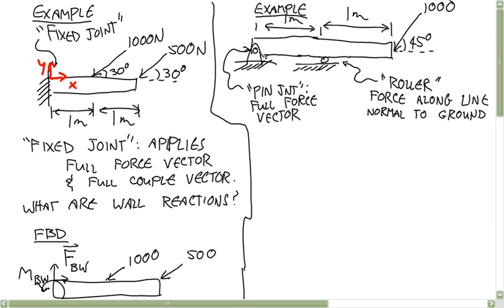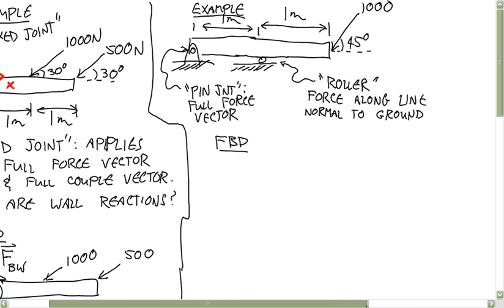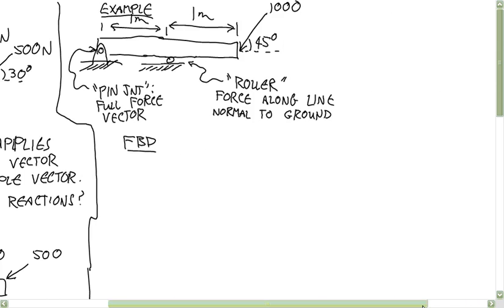So now that we know what types of loads are going to be represented by these joints, we can draw the free body diagram. So there's the beam.